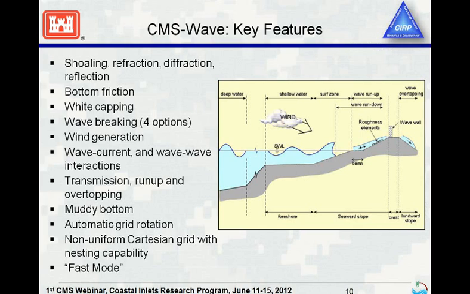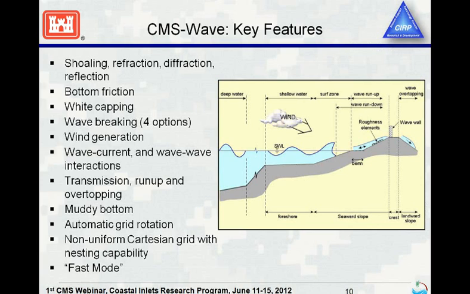There's automatic grid rotation, which we had issues if you want to use the exact grid that you used for your flow grid. We had previously some issues building those, so we have that automated now, so it's a little bit easier. The wave model uses the non-uniform Cartesian grid, basically variably spaced, not the telescoping grids.